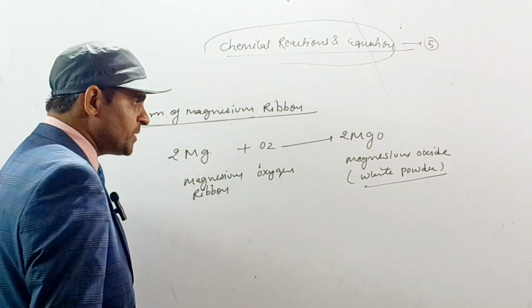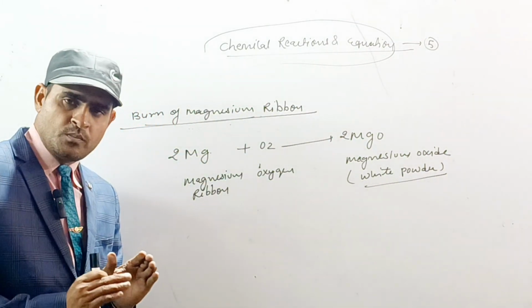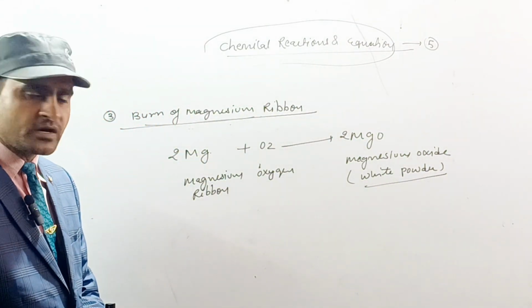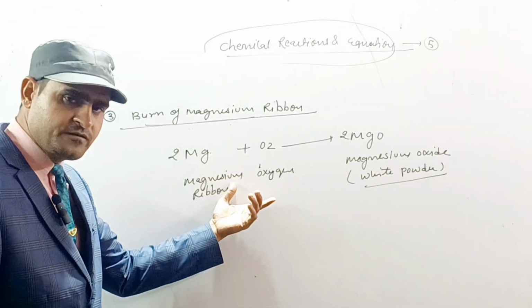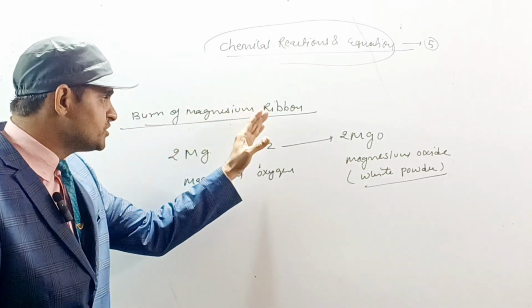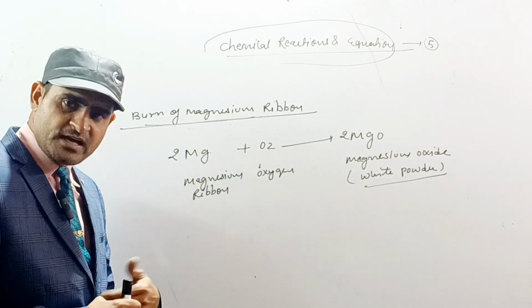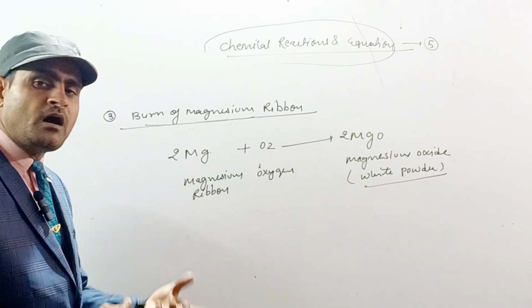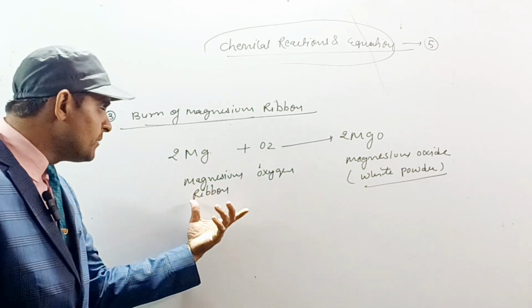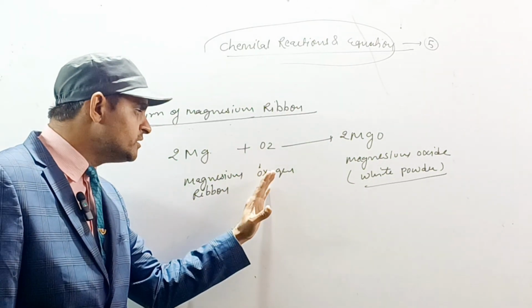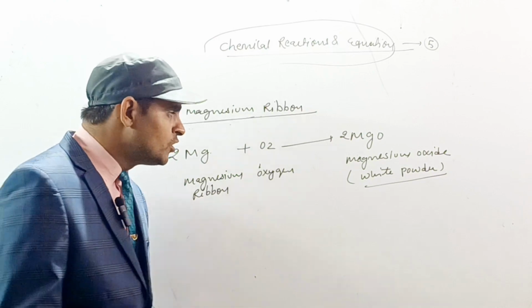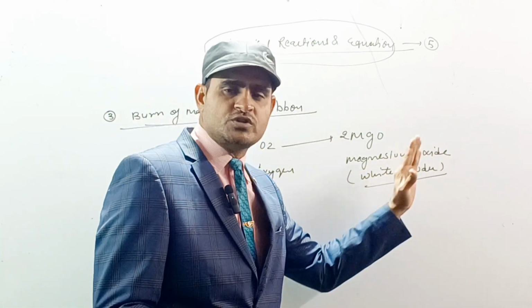You must write the answer this way: when the magnesium ribbon is burned in the presence of oxygen, it forms magnesium oxide.